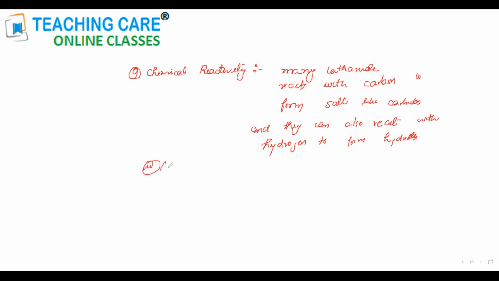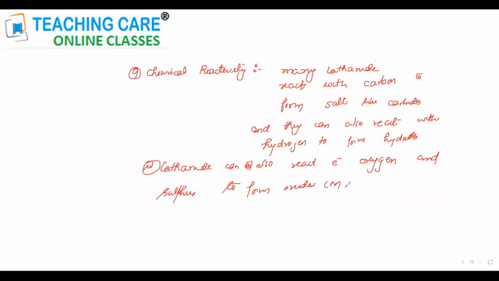Lanthanides can also react with oxygen and sulfur to form oxides like M2O3 and sulfides respectively.